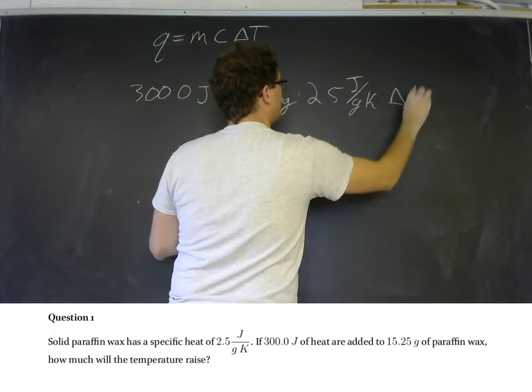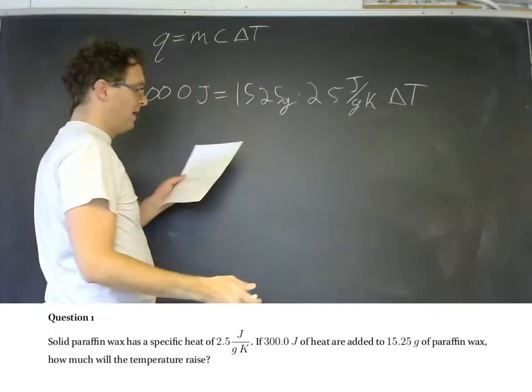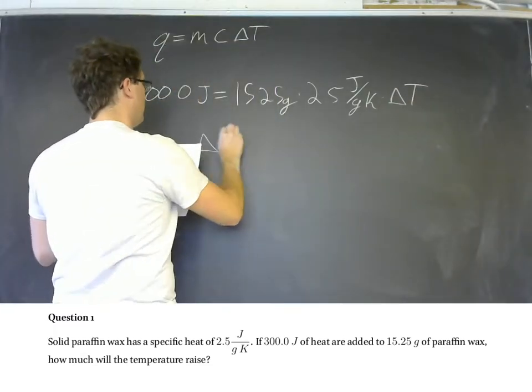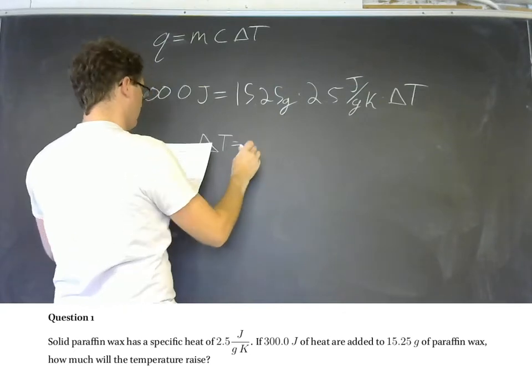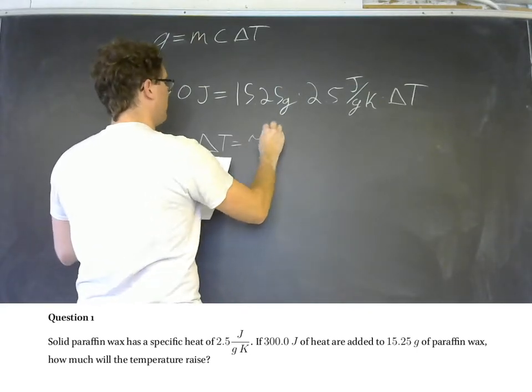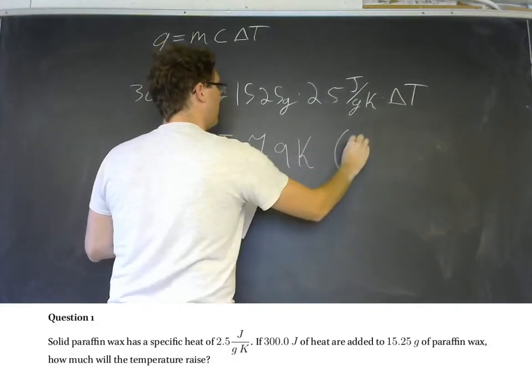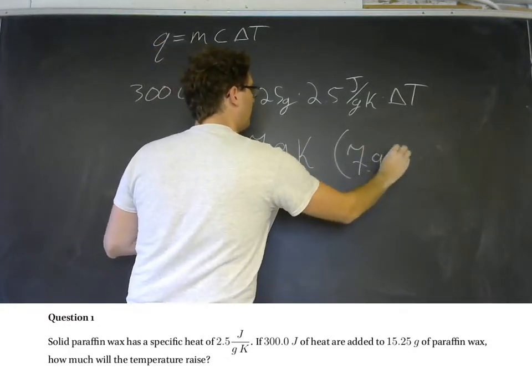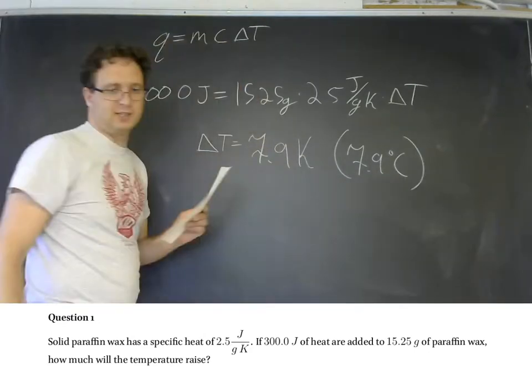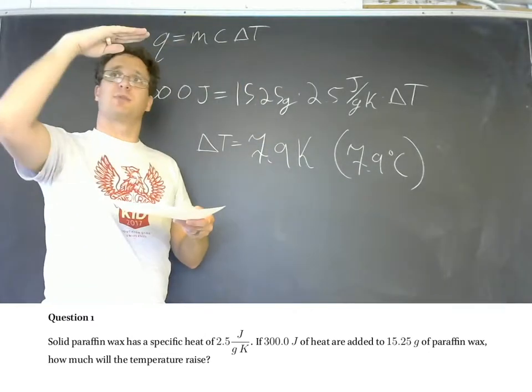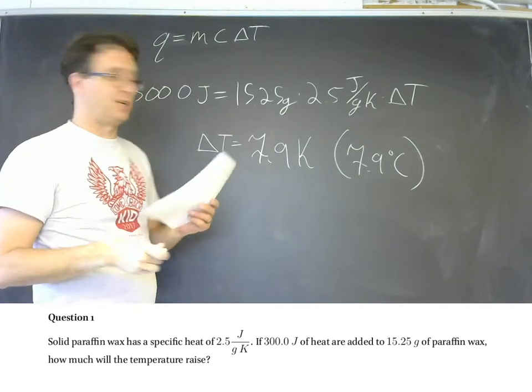And delta T is what we're actually solving for. In this case, delta T is going to equal a positive 7.9 Kelvin, or 7.9 degrees Celsius, because when you're talking about a change in temperature, it doesn't matter if it's Kelvin or Celsius.